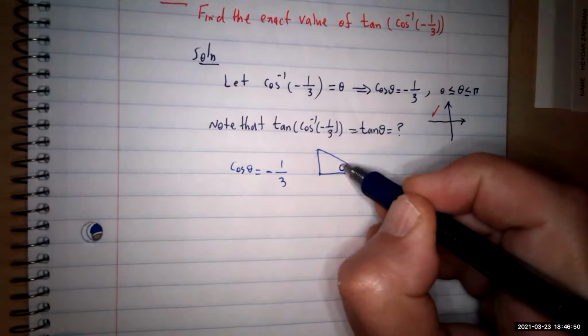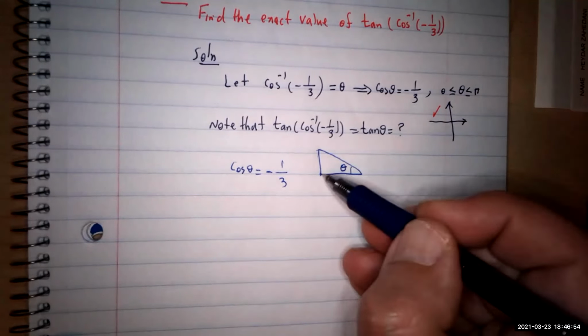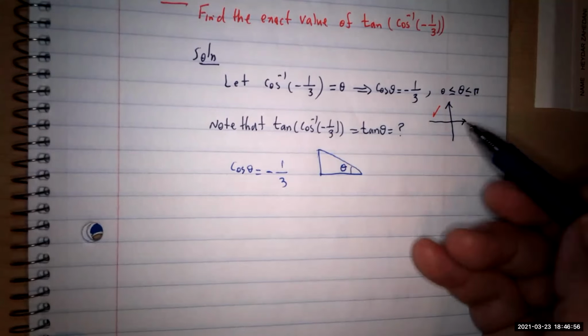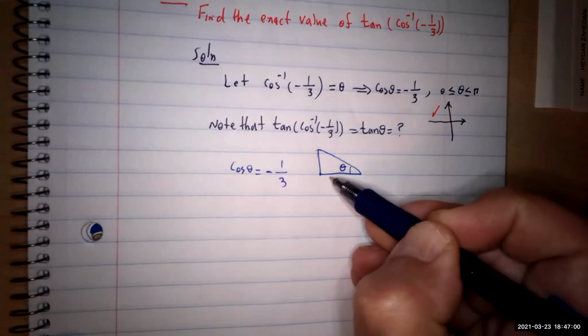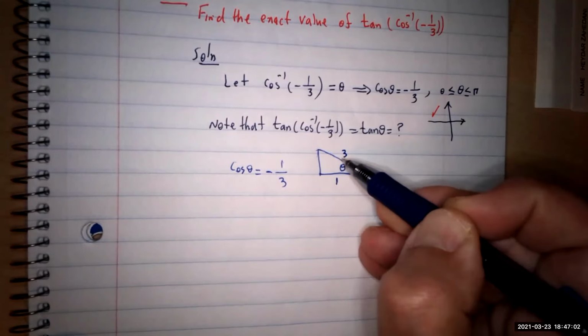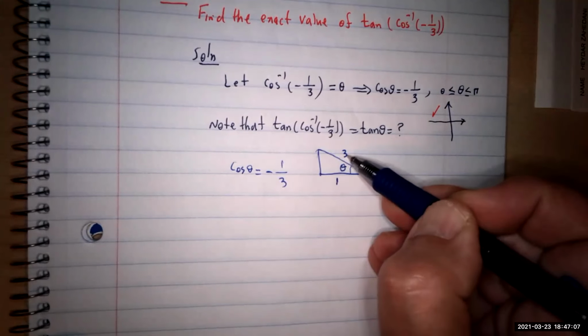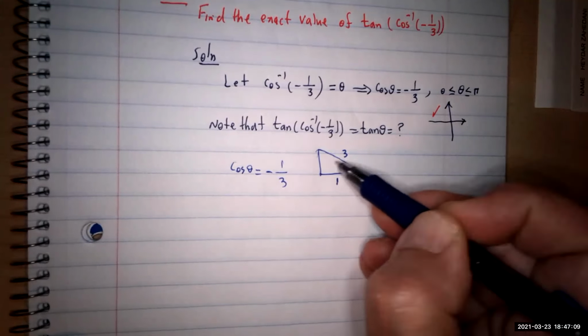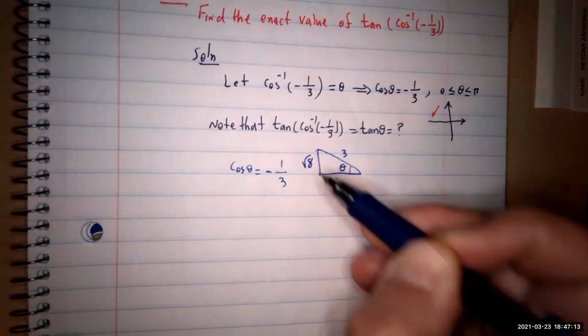That's going to be theta. It's a cosine, so it's going to be adjacent. You may call it negative 1 if you like, and the 3, or just 1, doesn't matter. This is going to be 1 and this is going to be 3. So you have to take care of this side. There's going to be 9 minus 1, which is 8. So this side is going to be radical 8, or 2 radical 2. Any question?